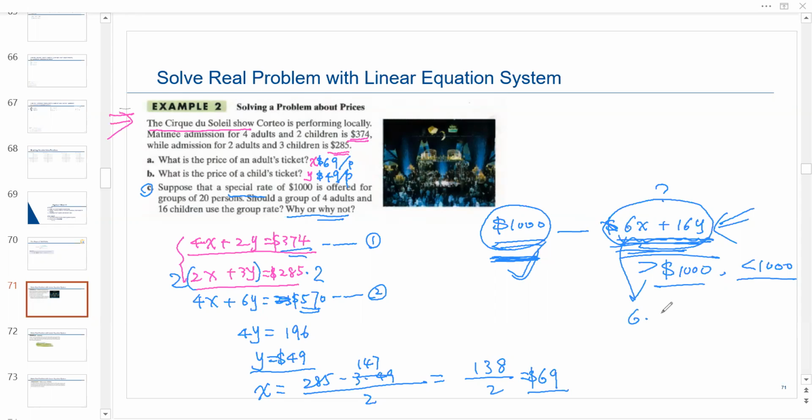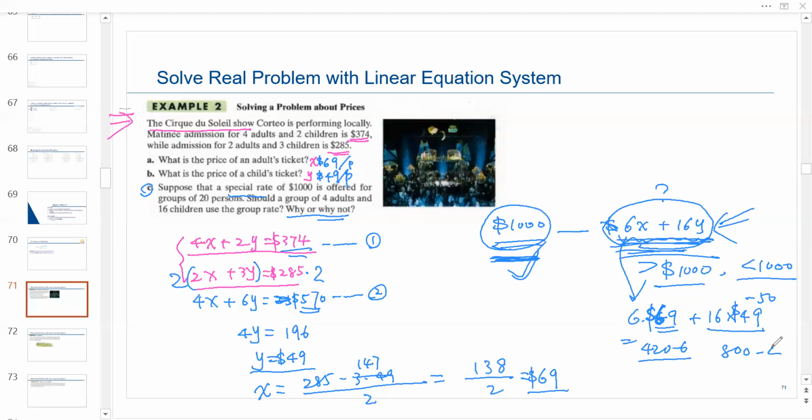So 6 times 49. Oh no, 69. Adult is 69, right? And 16 times 49. All right, so suppose it is 70. Here is 420 minus 6. Okay, so here suppose 50. So 50 is $800, right?